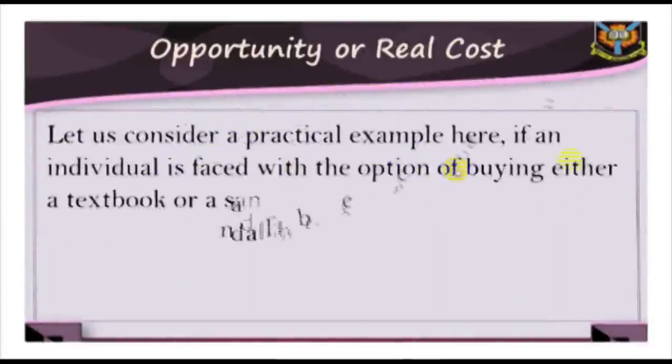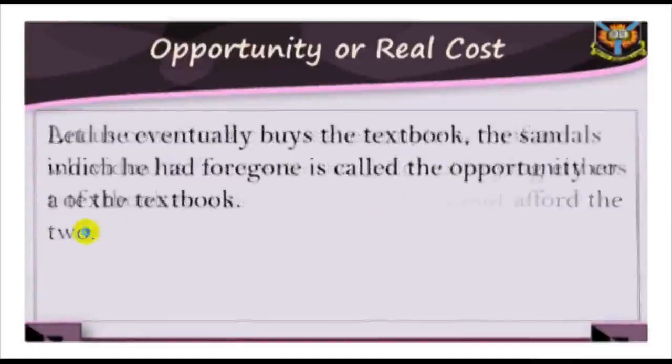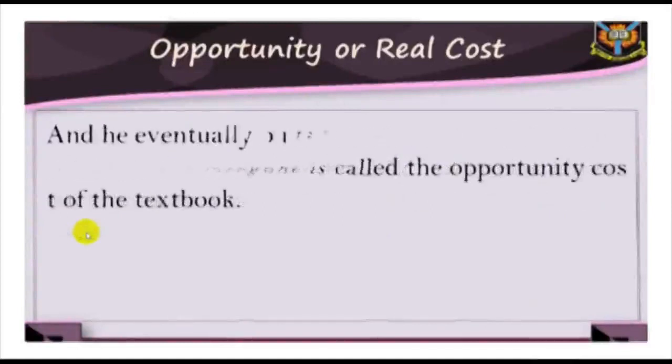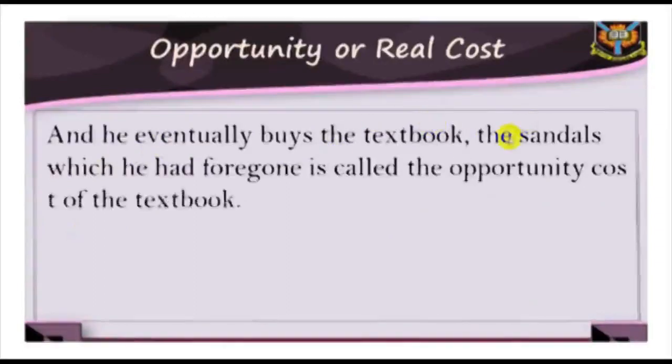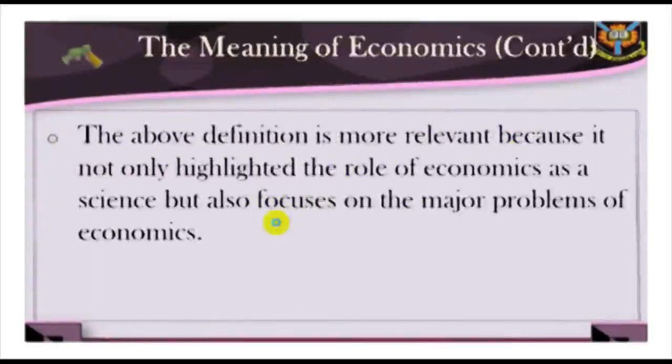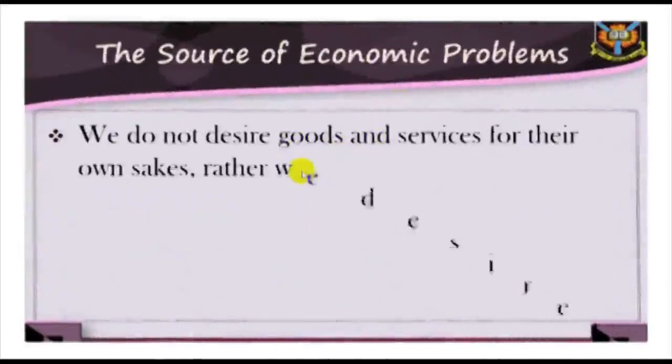As all of us are aware, we do not desire goods and services for their own sakes. Rather, we desire them because they help us in satisfying our wants. Thus, the whole essence of production in our economy is the satisfaction of human wants. However, looking around us today will make us realize that the available resources cannot satisfy our wants.